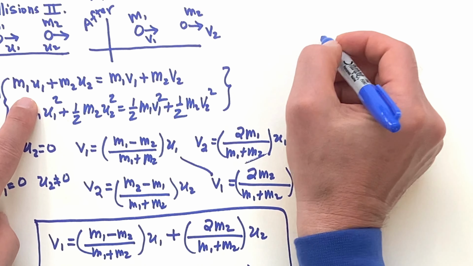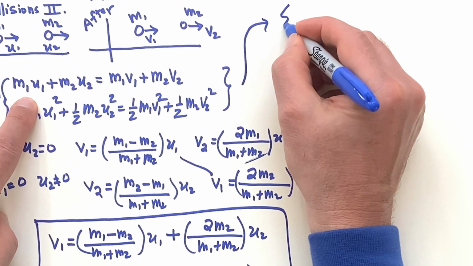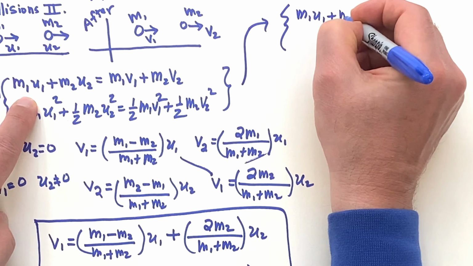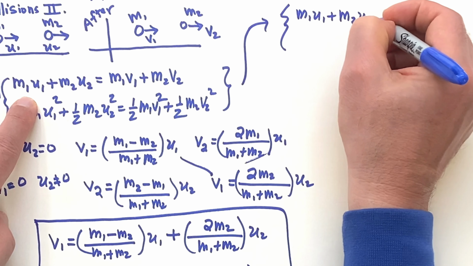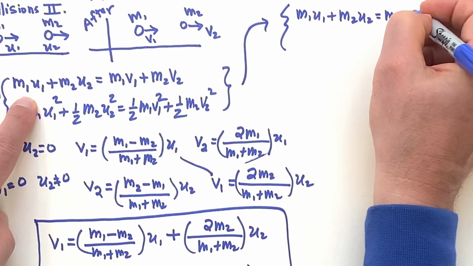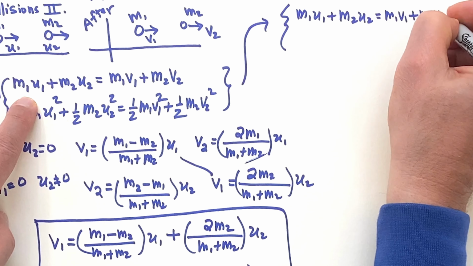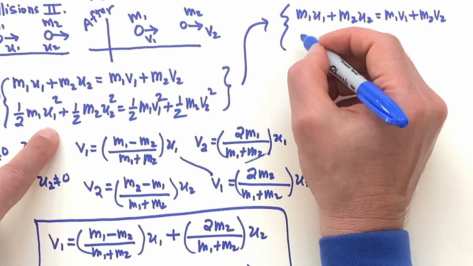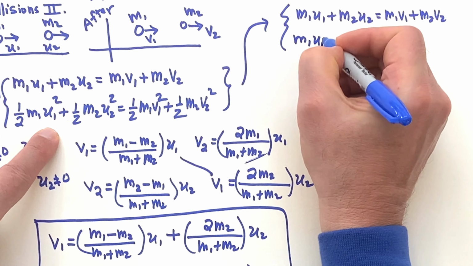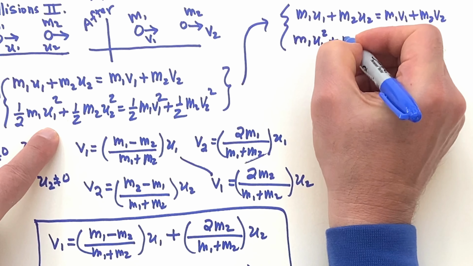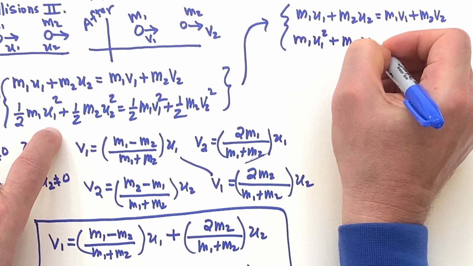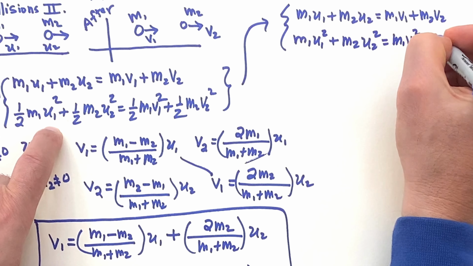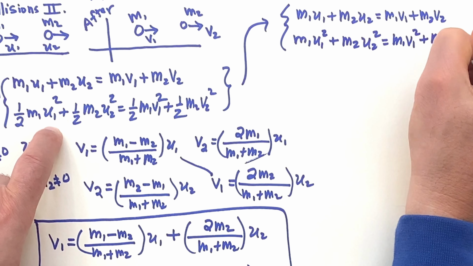We have M1 U1 plus M2 U2 is M1 V1 plus M2 V2. And then here I'll multiply through by 2. So I have M1 U1 squared plus M2 U2 squared is M1 V1 squared plus M2 V2 squared.